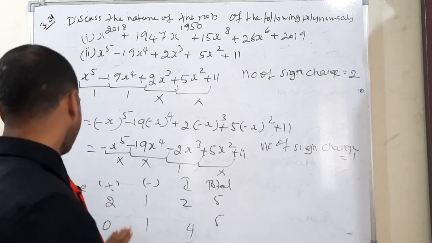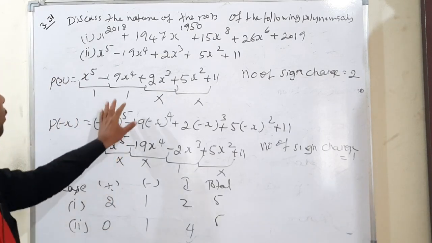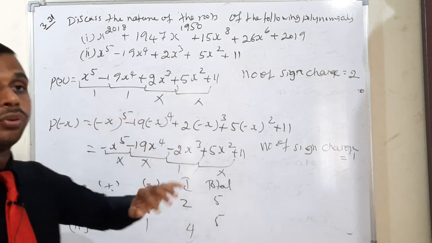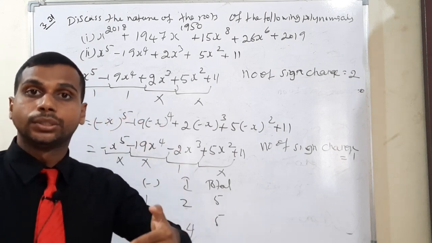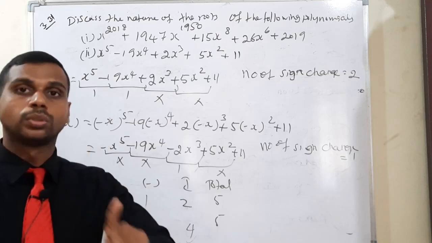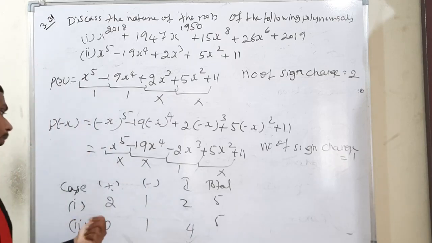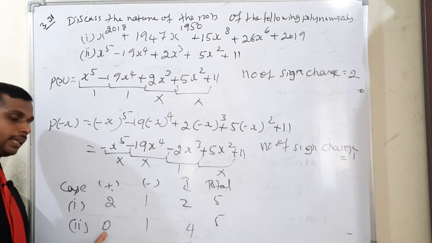So case number 1 and case number 2, first we can check it. Sum of coefficients, what is the value? If the sum of coefficients is equal to 0, it means definitely a positive root is possible, and then the second case is not possible.